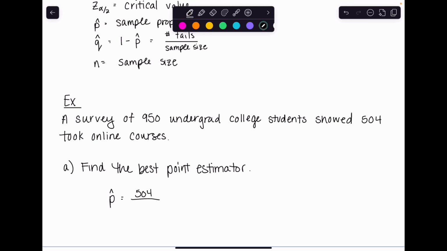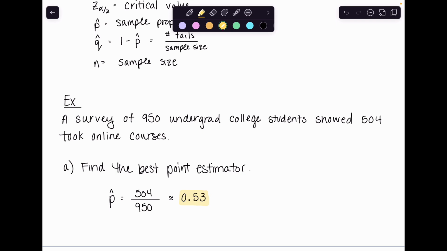So there were 504 out of 950 people that took online courses, which corresponds to about 53%. So our estimator is that we think 53% of undergraduate students take online classes.